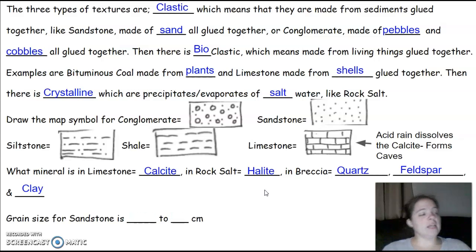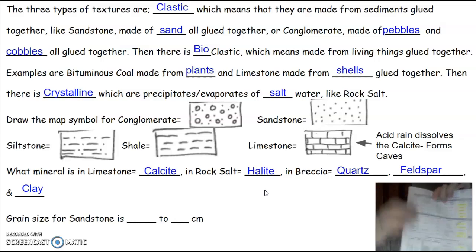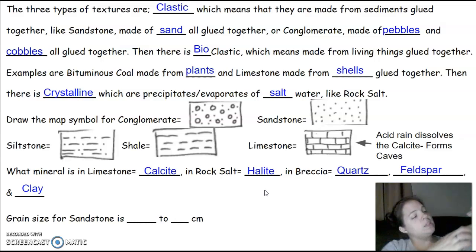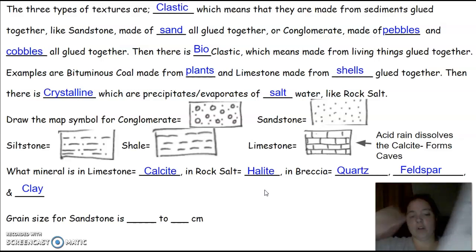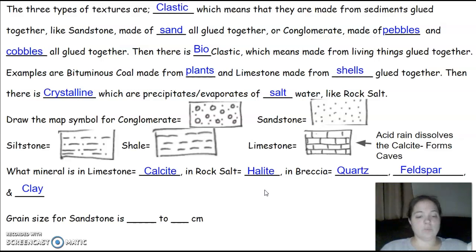Grain size for sandstone: you're going to look in the column where it says grain size. Sand makes sandstone, so use that grain size, which is 6/1000ths and goes to 2/10.